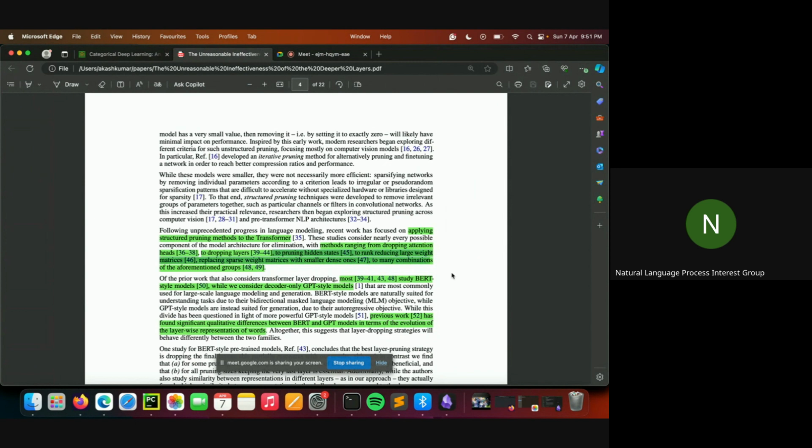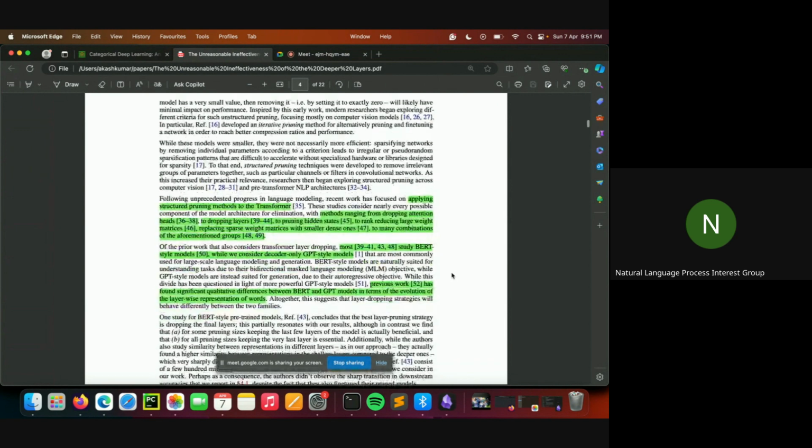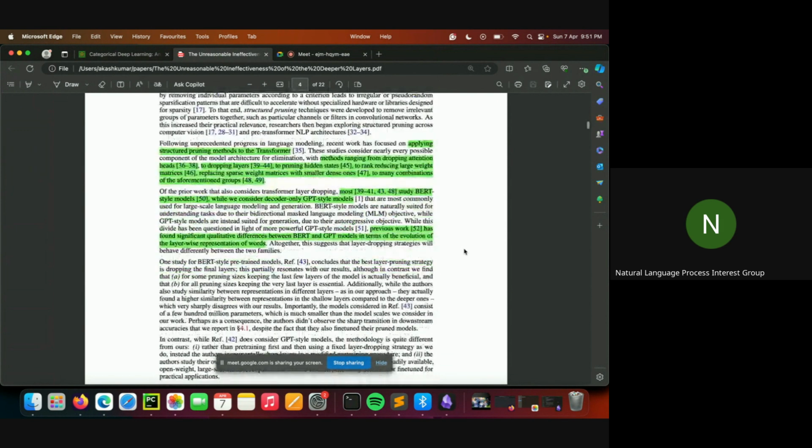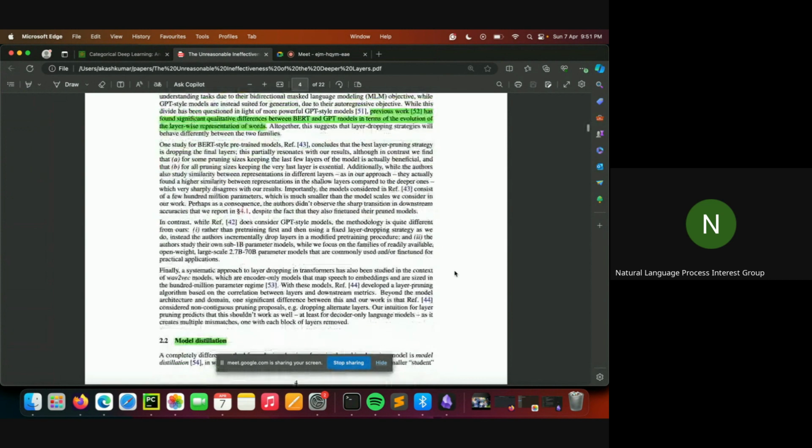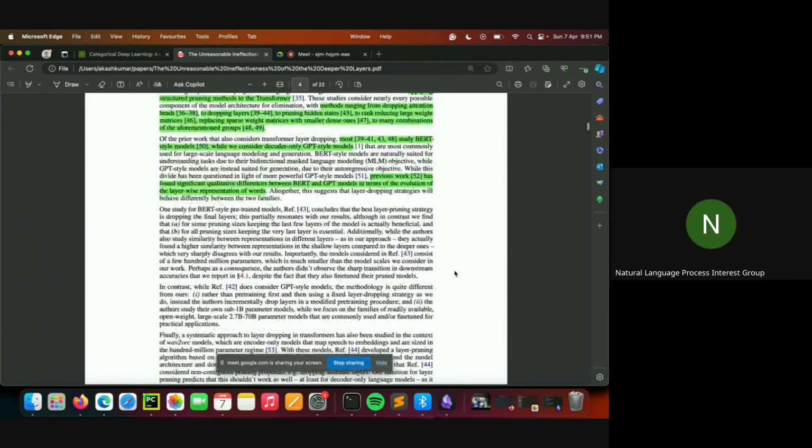Most of the research in this domain has been about removing single aspects. There have been studies on BERT style models where they talk about entirely dropping layers, and as per the authors, there has not been much work in this direction for GPT style models, which are decoder only. So here they are removing entire layers, which has not been worked on so much.